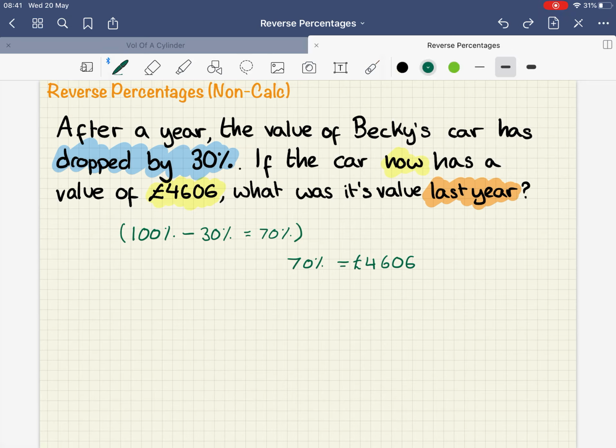So what I'm going to do, I'm going to think about some of my key percentages. The reason why these percentages here are key is because they are really easy to manipulate to bring them back up to 100%.